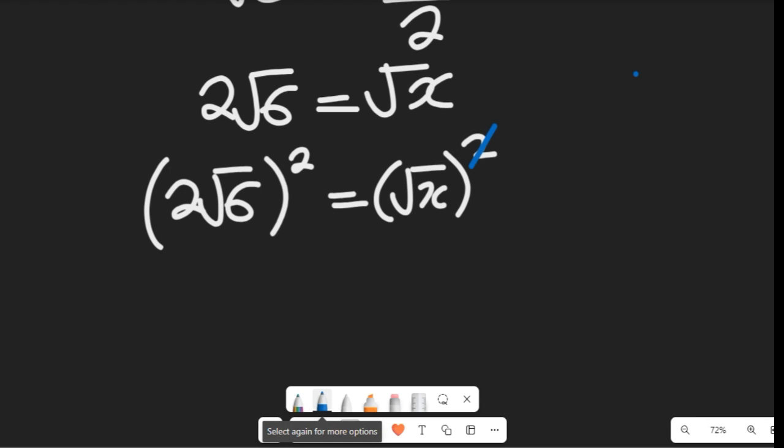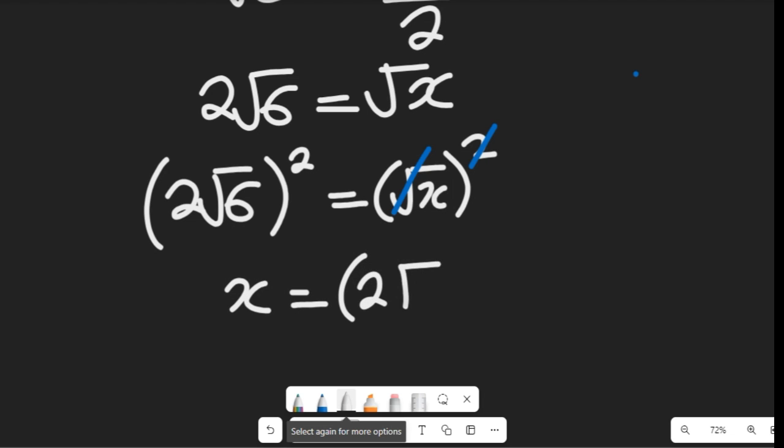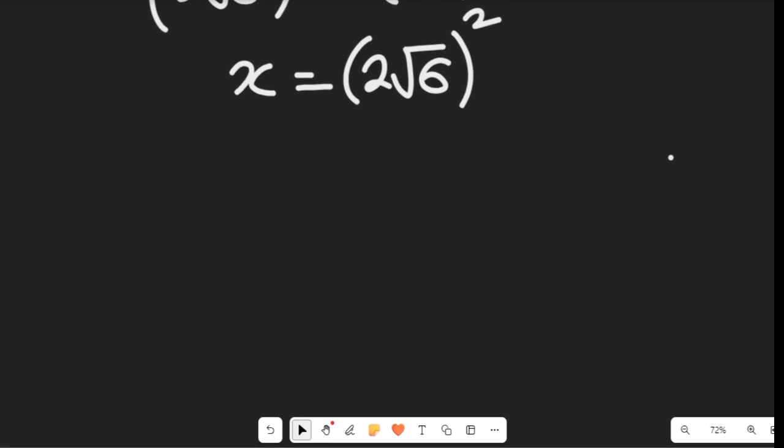What do we see? The square will clear the square root, right? And the value of our x will be equal to 2 root 6 all what? All squared.